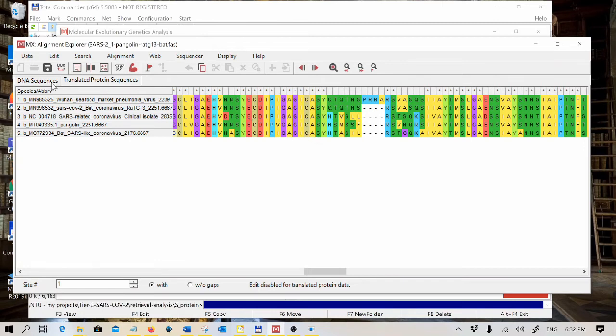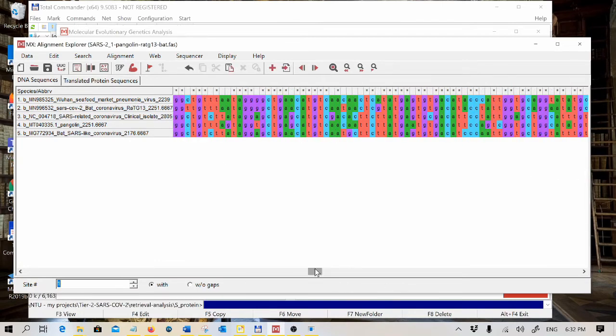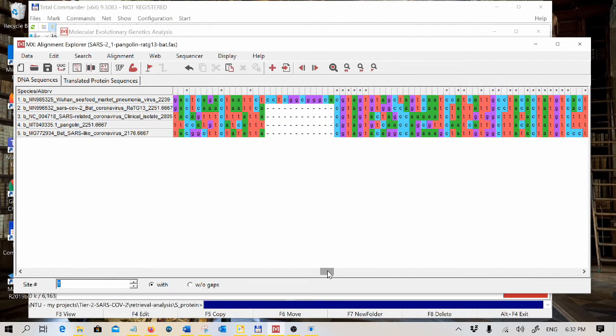So if we flip to the DNA sequences and find this insert, a 12-nucleotide insert in here, resulting in the 4 amino acid insert, we can see quite a bit of variation in nucleotide positions. These are all synonymous substitutions, because purifying selection doesn't prevent nucleotide substitutions in here, only amino acid substitutions, right?